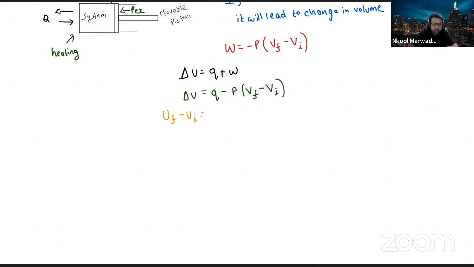It is equal to Q minus P times (Vf minus Vi).